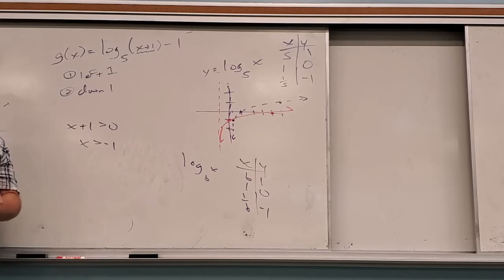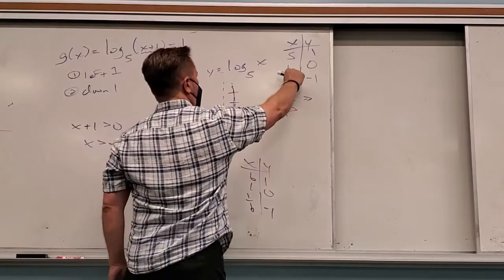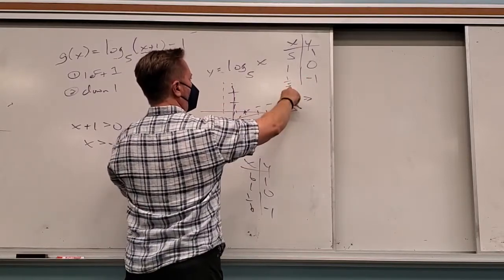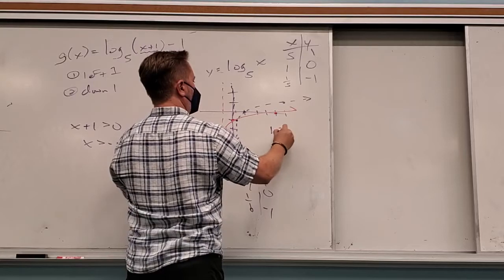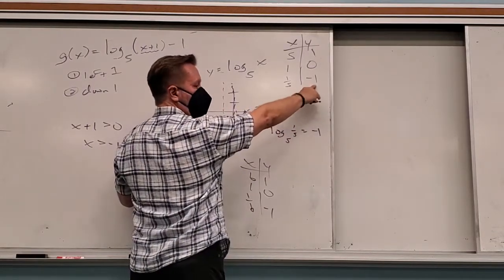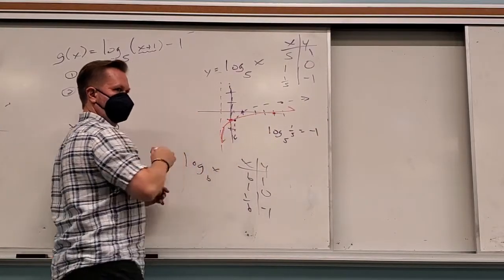What happens when you do log base 5 and -1? So my inputs are these, and those are my outputs. So what's log base 5 of 1/5? -1. So at 1/5, the output was -1.